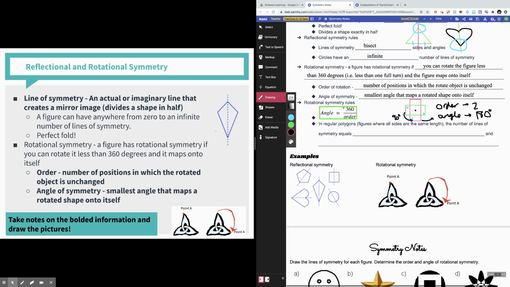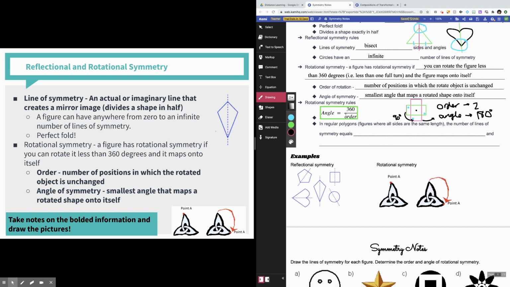So there are a couple of rules, and really there's only one major rule, and then there's this other cool rule that shows up every so often, which is just kind of neat. But really, if you're going to remember anything about rotational symmetry and calculating with it, it's this formula right here.